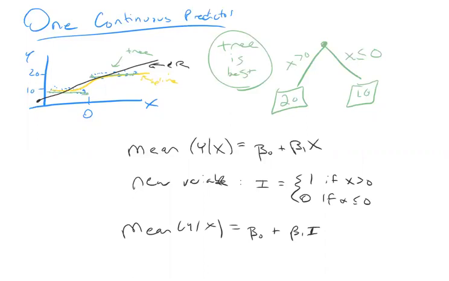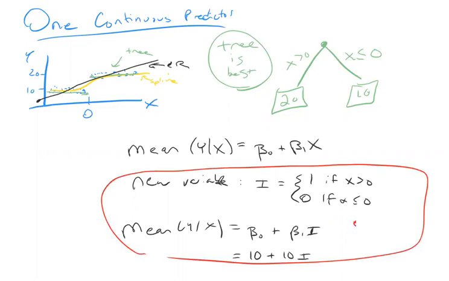Because essentially what we've done now is we've converted this back into the case on the first slide where I said 1 binary predictor. So here you can even give these values. This is going to be 10 plus 10 times I. We're just back to the original case. So this one is equivalent to the tree.